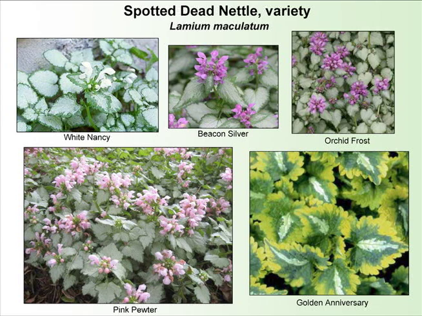You've got pink pewter that's mostly silver with a little bit of green on the edge, and lots of other varieties, White Nancy, Beacon Silver, Orchid Frost. There's Red Nancy that isn't really a red flower. It's almost the color of the Beacon Silver, maybe a little bit more pink in it. But it's a great, fast-growing ground cover for a shady spot.